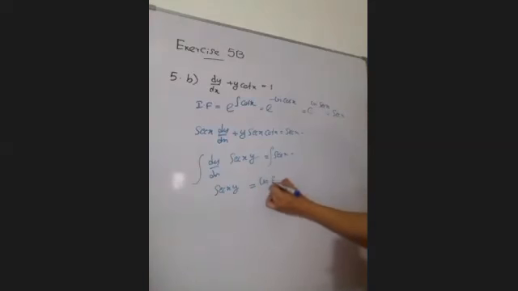That is ln sec x plus tan x. Plus c, so you can say y equals ln sec x plus tan x plus c over sec x. That is the final answer for that. That's a way of getting this answer.